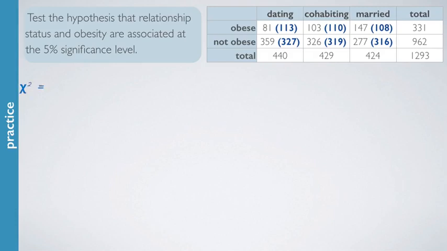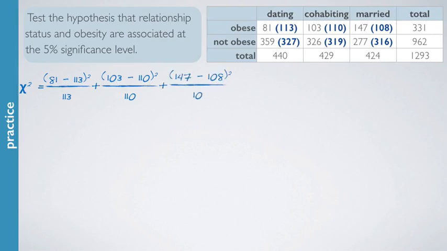And remember that for each cell, we take the observed minus the expected squared divided by the expected. Similarly, for cohabiting people, 103 minus 110 squared divided by 110. For married people and obese, that's 147 minus 108 squared divided by 108. And we can go through the same calculations for each one of the cells in our table.